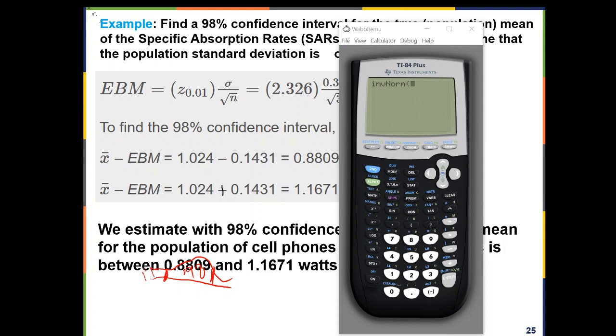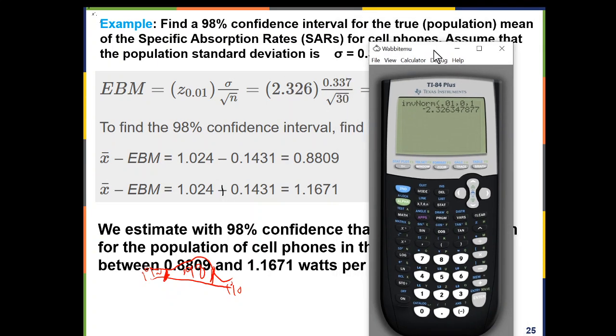Each tail takes 1%. So if you want to find this right here, all you have to do is just put 1% to the left, which is 0.01. And then comma 0, comma 1. And that gives you negative 2.326, which is that number right here.